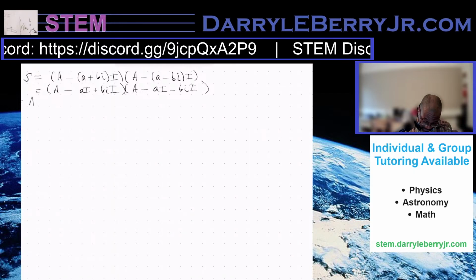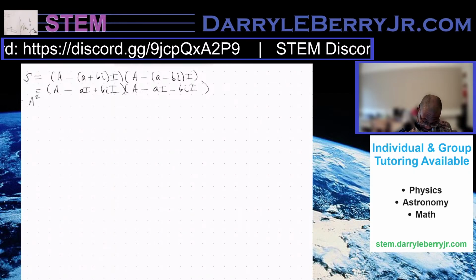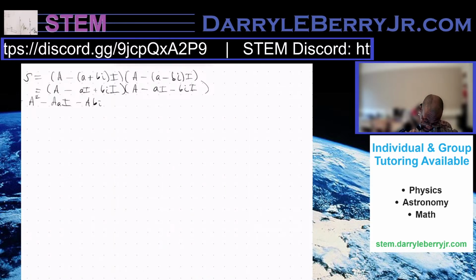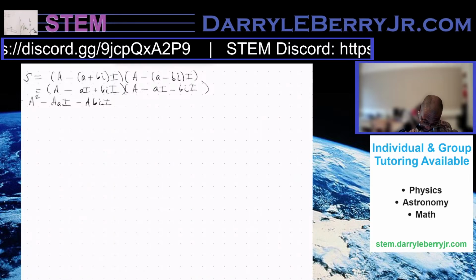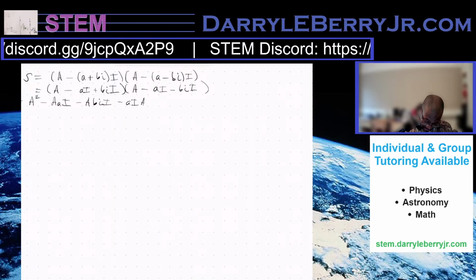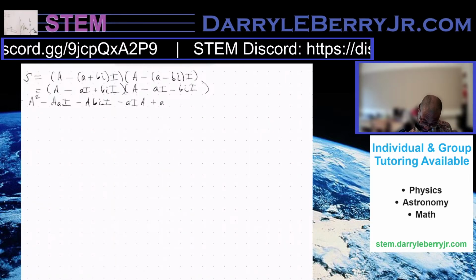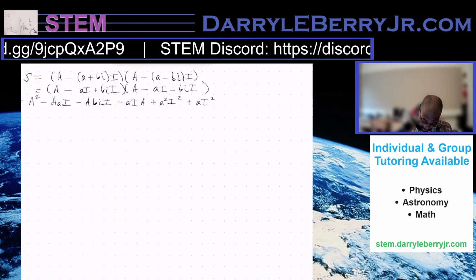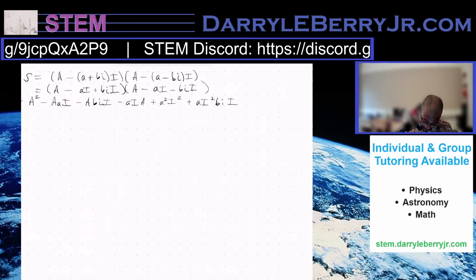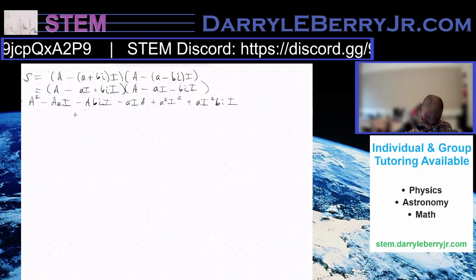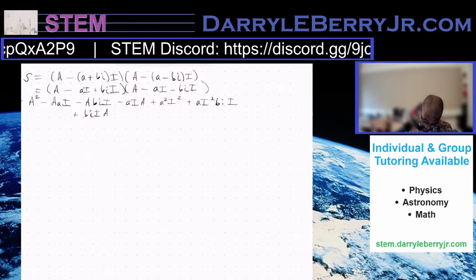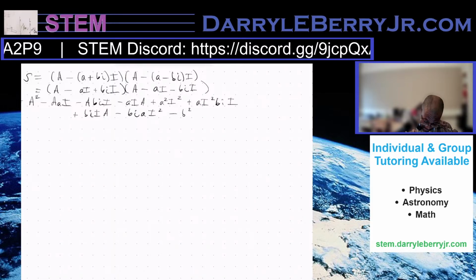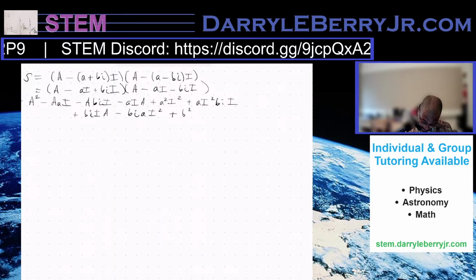So now we have a squared minus ai minus abi plus bi minus a plus a squared i squared plus a i squared bi plus b a minus bi a i squared minus b squared i squared is plus i squared.